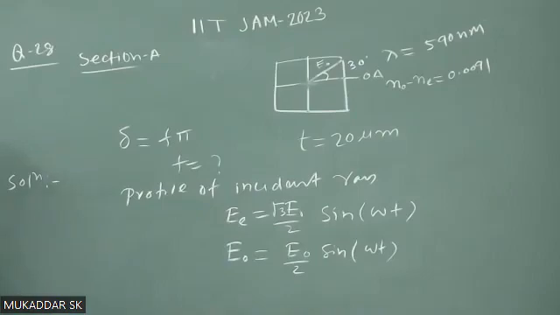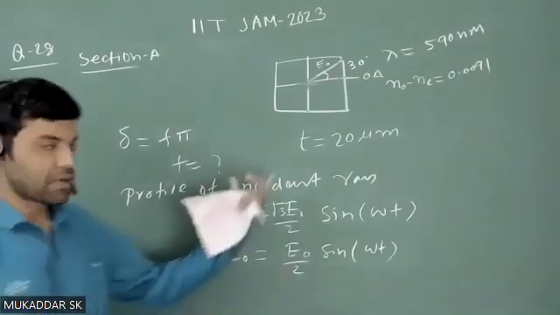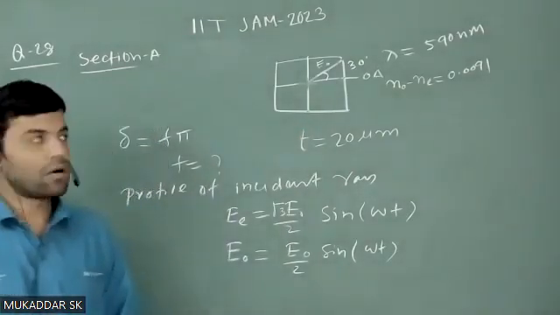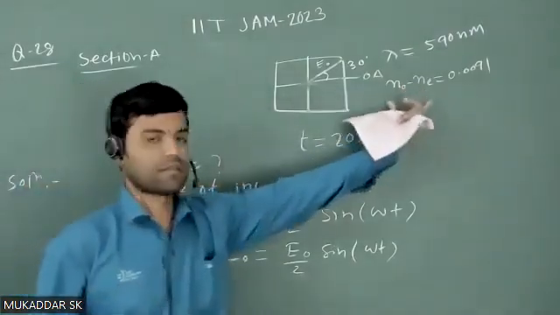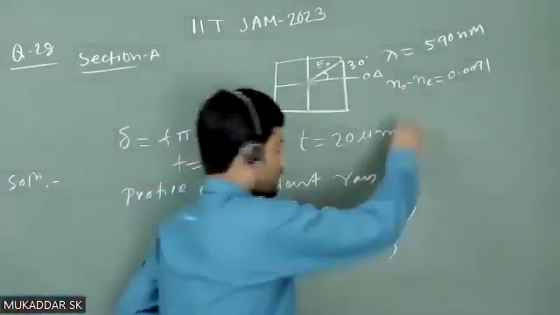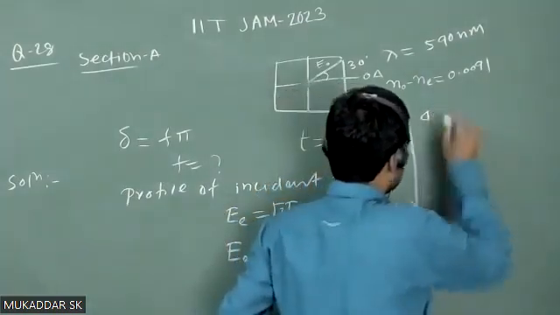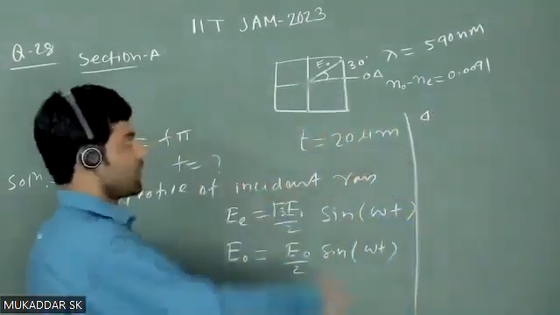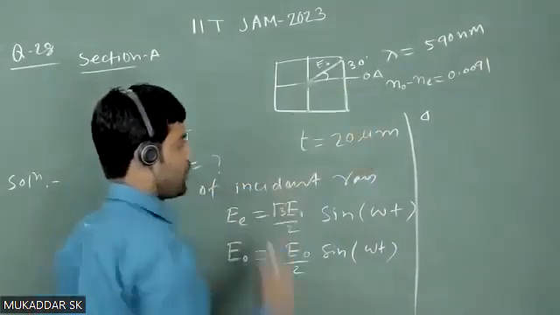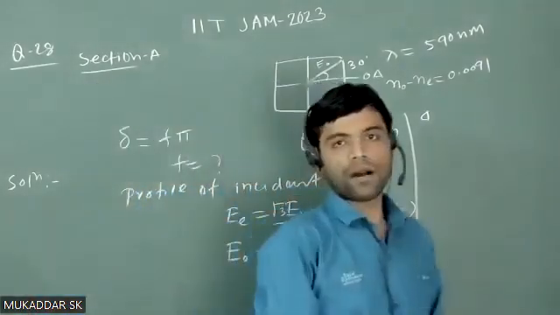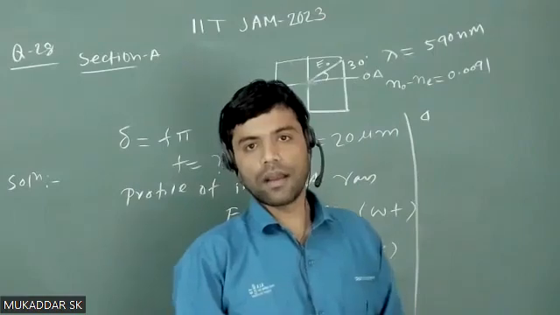Now there will be a phase difference in the transmitted ray. Why? Because of path difference. When it travels the thickness T, which is 20 micrometer, there will be a path difference between the E ray and the O ray.